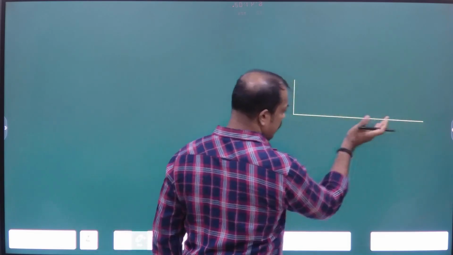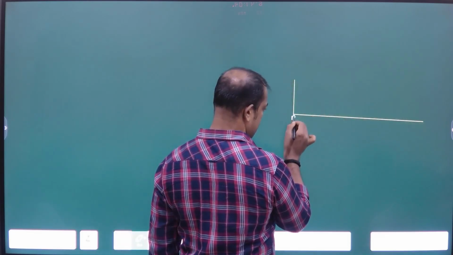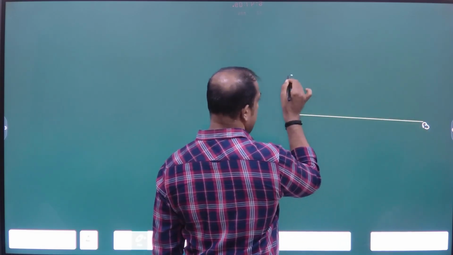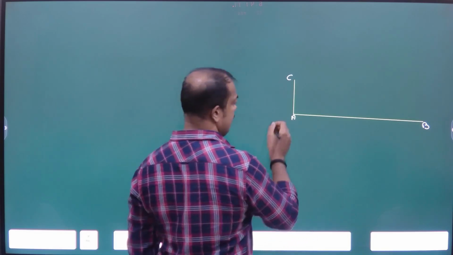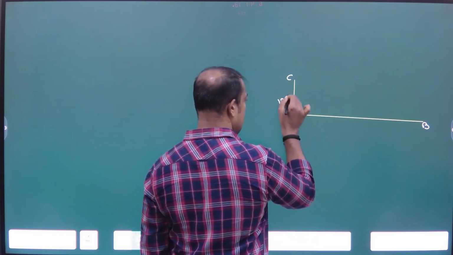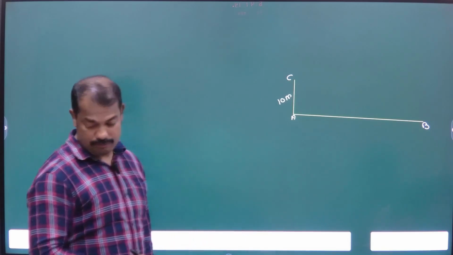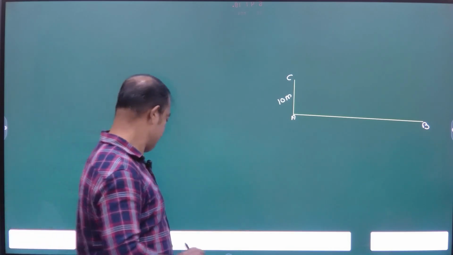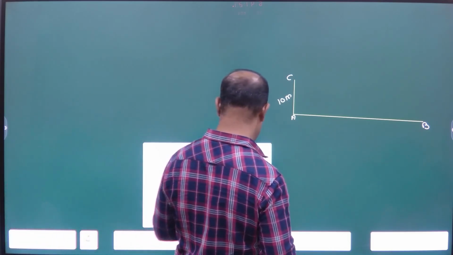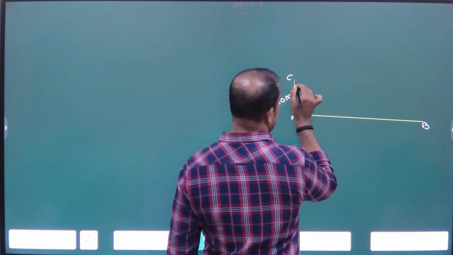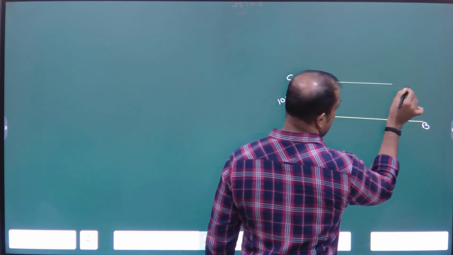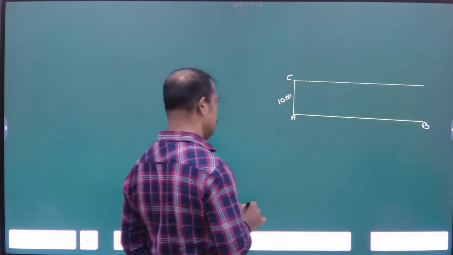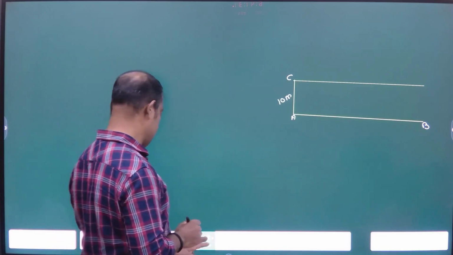This is the water level, AB, and the man is 10 meters above the water level. This is the eye level of the man.